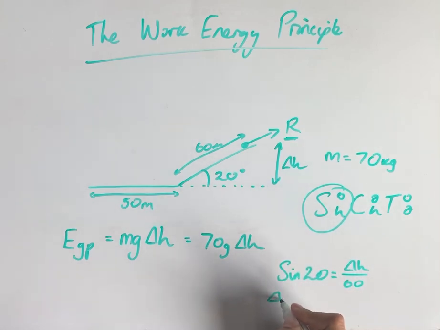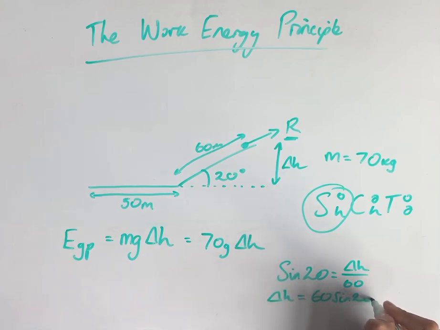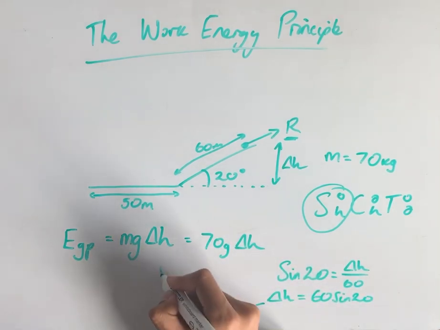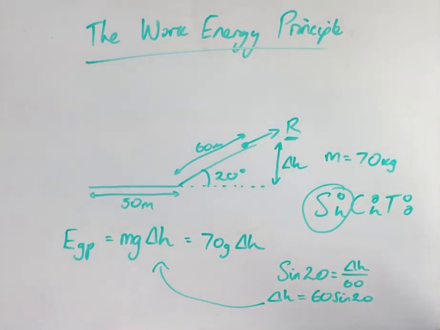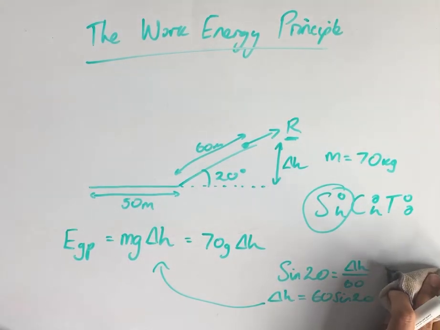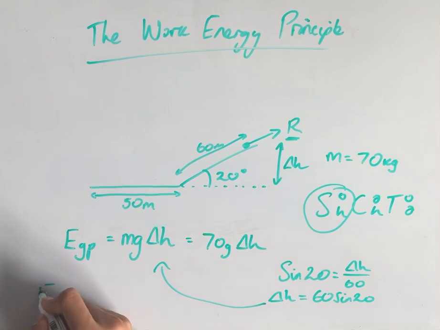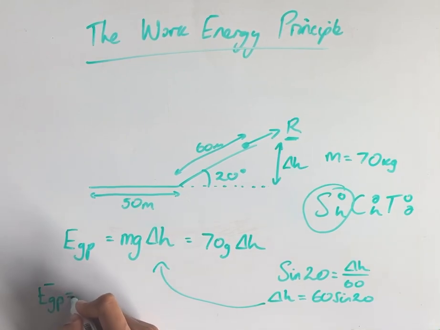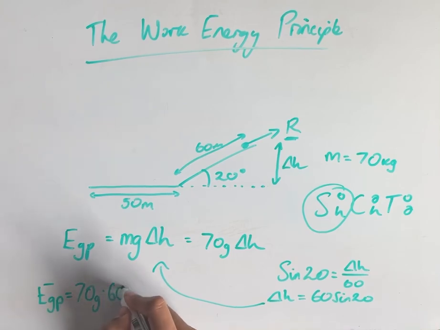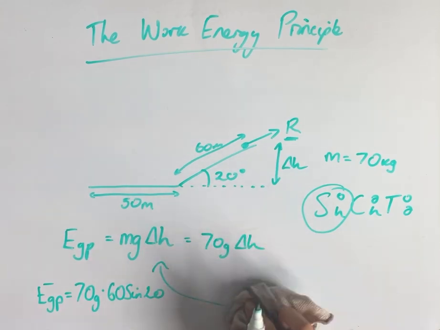So delta H equals 60 sine 20. Now, plugging that in over here, we can get that EGP equals 70g multiplied by 60 sine 20.